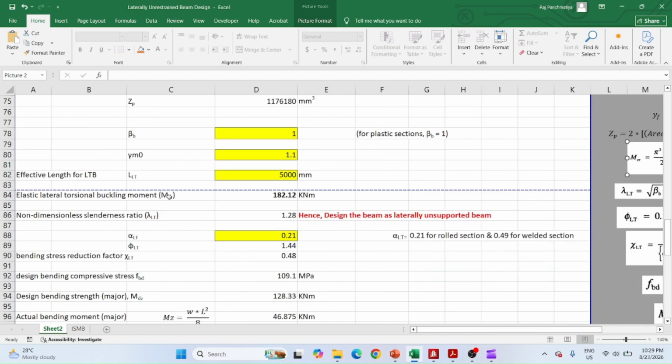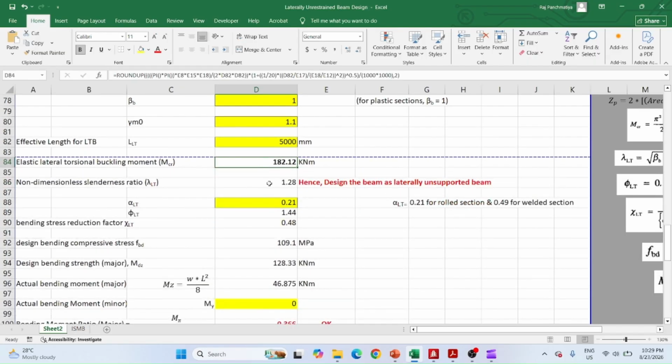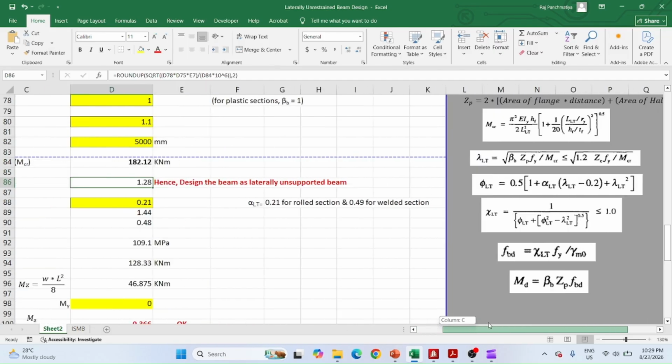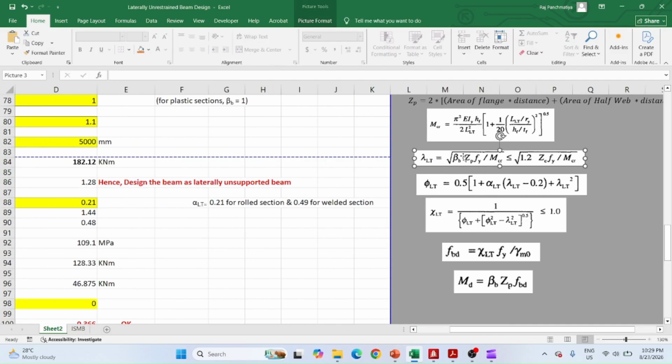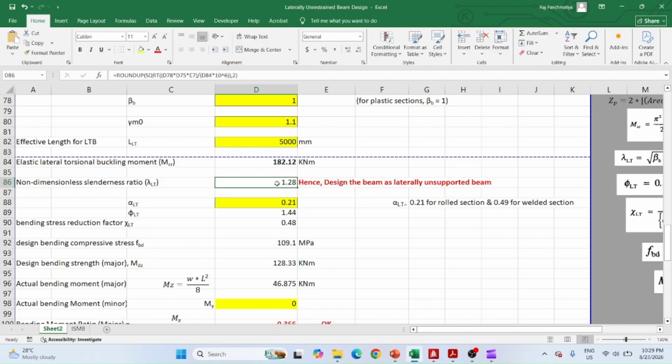Putting all the values in this formula, we'll get the value of MCR as 182.12. Let's calculate the non-dimensional slenderness ratio, that is lambda LT. The value of lambda LT may be calculated by this formula, that is square root of beta b Zp fy by MCR. So lambda LT value is 1.28.